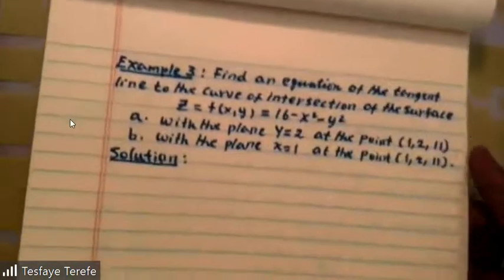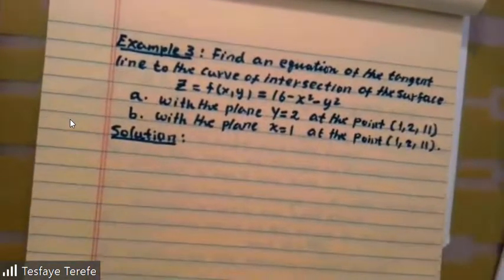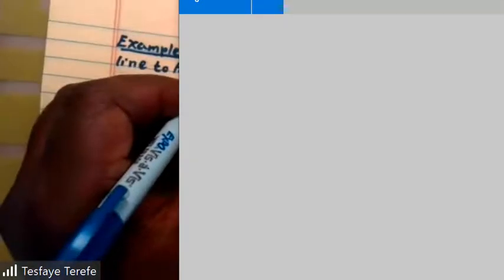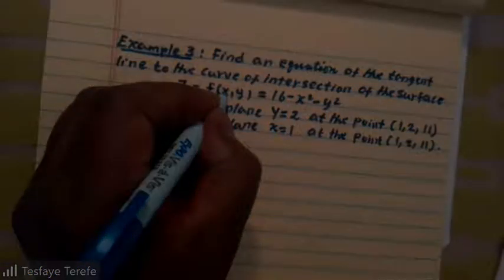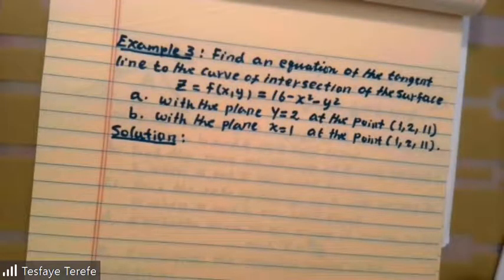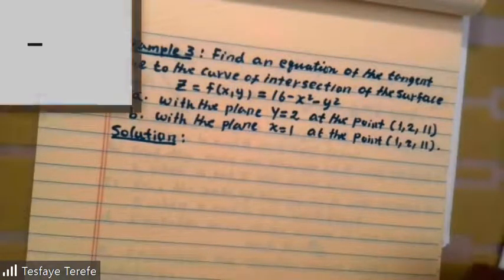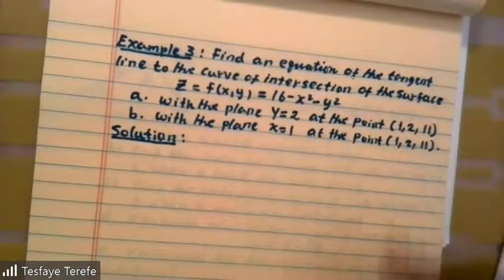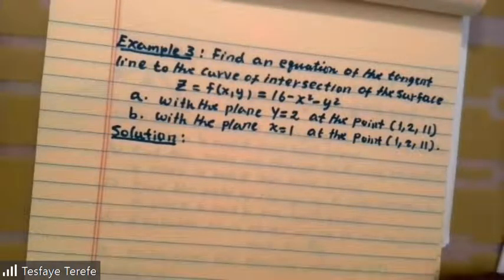And here it is. Find an equation of the tangent line to the curve of the intersection of the surface z equals f of x, y, which is given by the circular paraboloid 16 minus x squared minus y squared, with the plane y equal to 2 at the point (1, 2, 11), and with the plane x equal to 1 at the point (1, 2, 11).